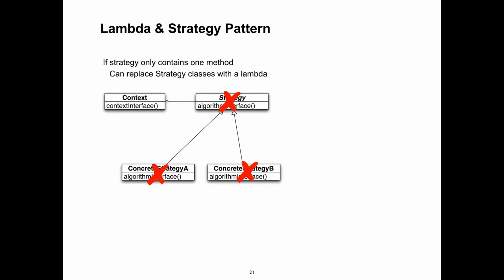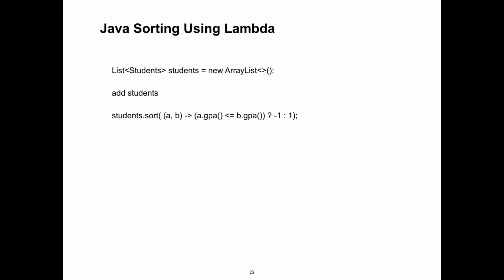So we don't need all those extra classes, right? In Java, there's a comparator interface, but we can just say, here's a lambda. So there's an example of using a lambda in Java.